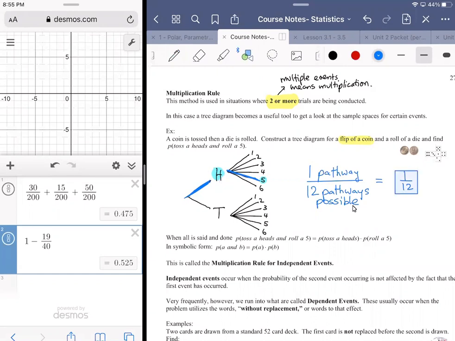All right. Now, you could also look at it and say probability. I mean, there's a reason why it's called the multiplication rule. Probability of heads and roll a 5 would be the probability of getting heads times the probability of rolling a 5.